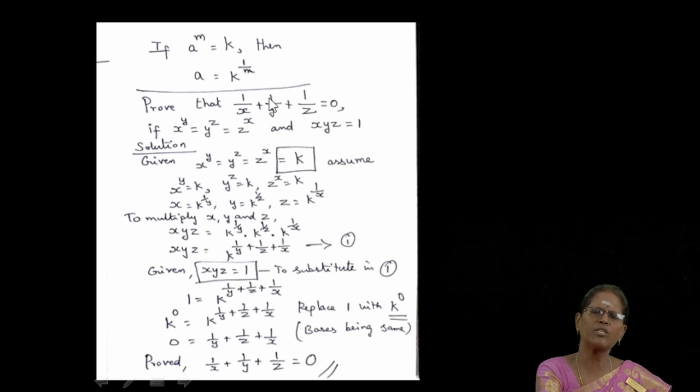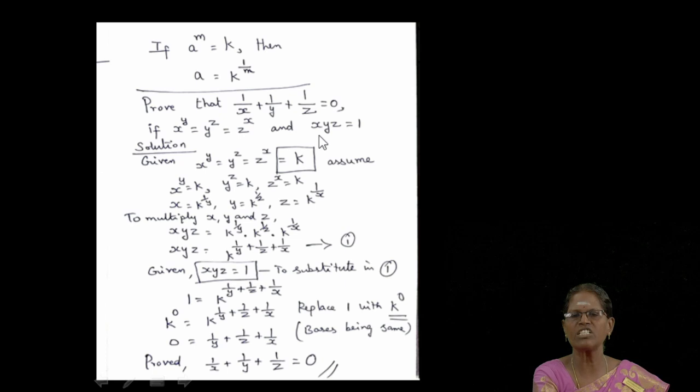So applying this rule, now let us prove that 1 by x plus 1 by y plus 1 by z is equal to 0. We have to prove this. They have given two equations. x to the power y is equal to y to the power z is equal to z to the power x. This is one equation they have given.